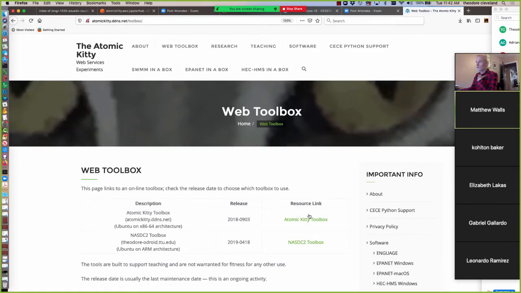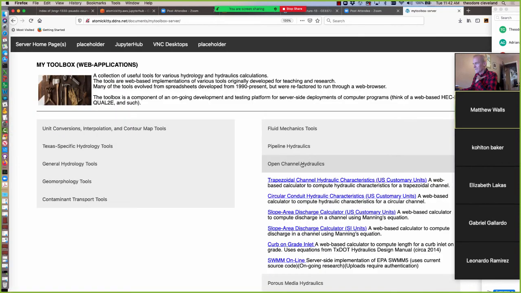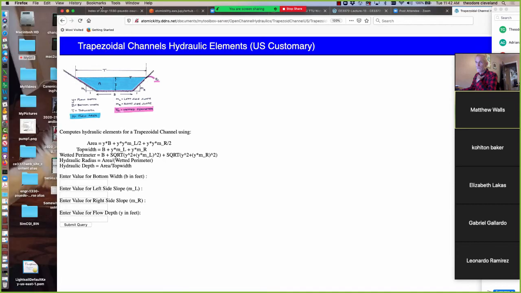Go to the right toolbox, it should work better. So go to the Atomic Kitty box, and see, these don't have dates on them, so I don't think they've been checked. Well, here goes nothing. Okay, so here's our trapezoidal channel.